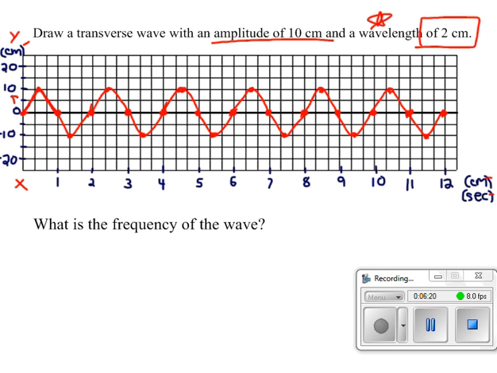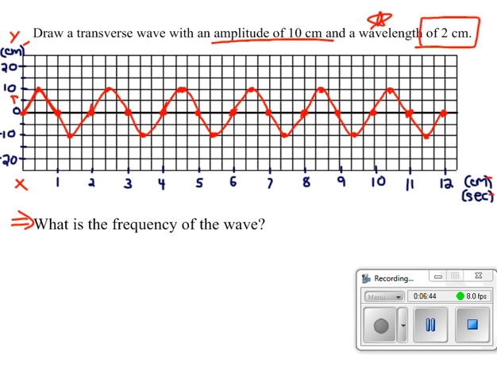However, the problem isn't complete because it asks you a question down here. It says, what is the frequency of the wave? You've learned 2 different ways to calculate frequency, and we're going to go over both ways when we solve the problem. And I'm going to show you that no matter which equation you use, you're going to get the same number.